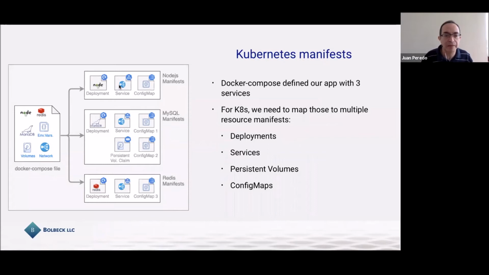Then we're going to have services that define which ports we're listening on, and it's going to route the information to our pods. Then we're going to have a volume so we can save data from our database. And then we'll have some config maps where we'll have some environment variables to configure our different databases and applications.